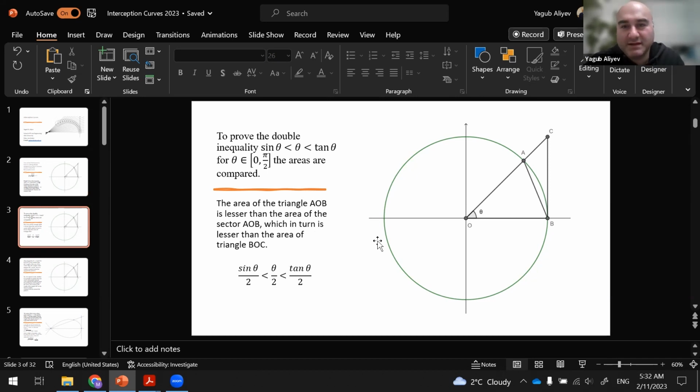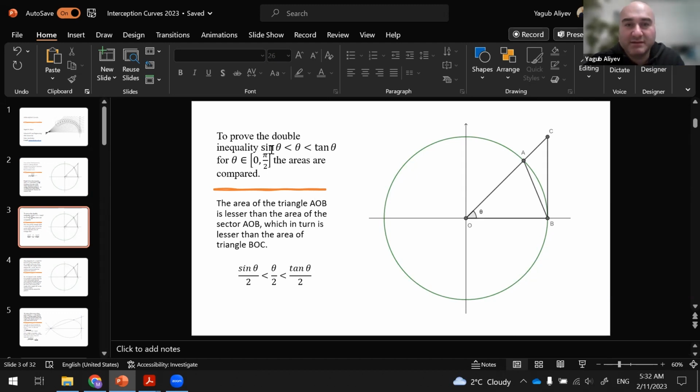The idea is that theta is between sine theta and tangent theta. In the next step, you divide this by sine theta, and then use the sandwich theorem.